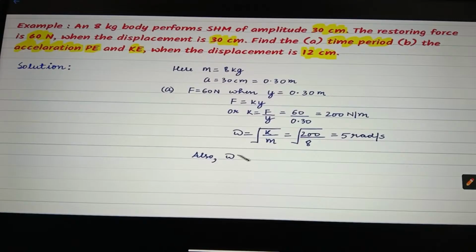Also, omega is equal to 2 pi by capital T. So this implies T is equal to 2 pi by omega. So that is equal to 2 multiplied by 22 by 7 divided by omega, omega is 5. So when this is calculated, time comes as 1.256 seconds.